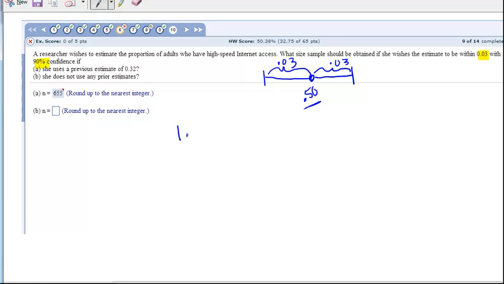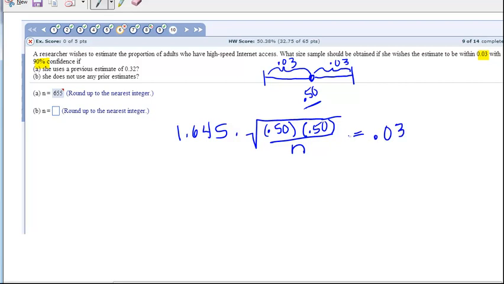So 1.645 we're going to be using, times the square root of 0.50 times 1 minus 0.50, which is just 0.50, divided by n. And this is all going to be equal to the margin of error, which is 0.03. Now again, same idea, we're going to be squaring both sides to get rid of that square root sign.